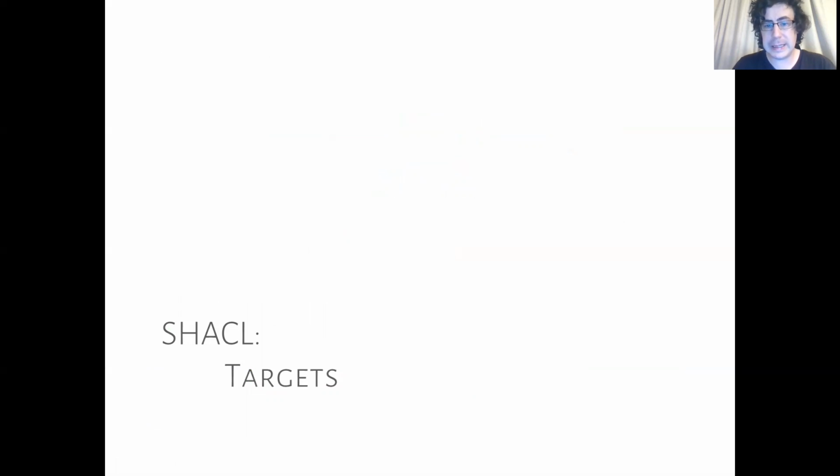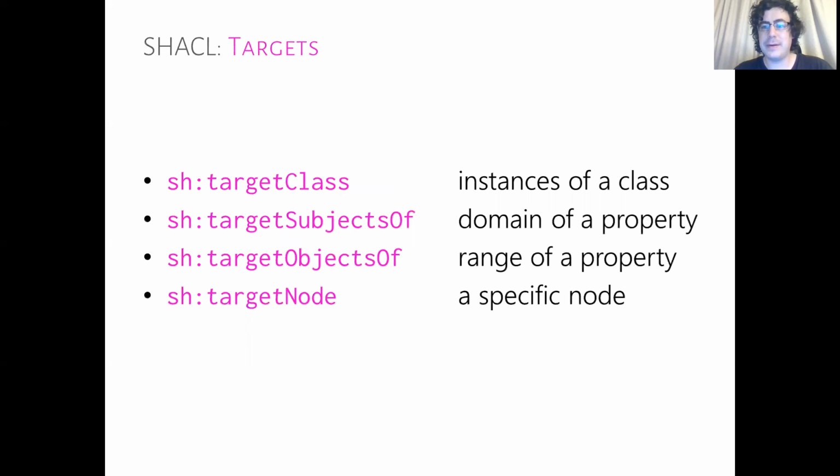So we can dig a little bit more into the language and look at what's in there. The first thing we need to talk about is how we can target nodes in the graph. So we have our shapes and we need to specify the targets. We can target based on instances of a class, we can target the domain of a property, so we can target all subjects of some property, right? Win movie.